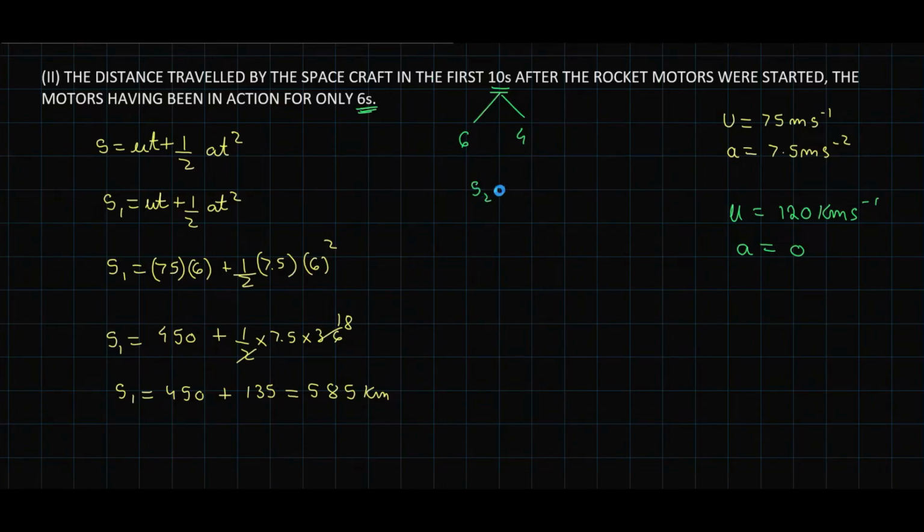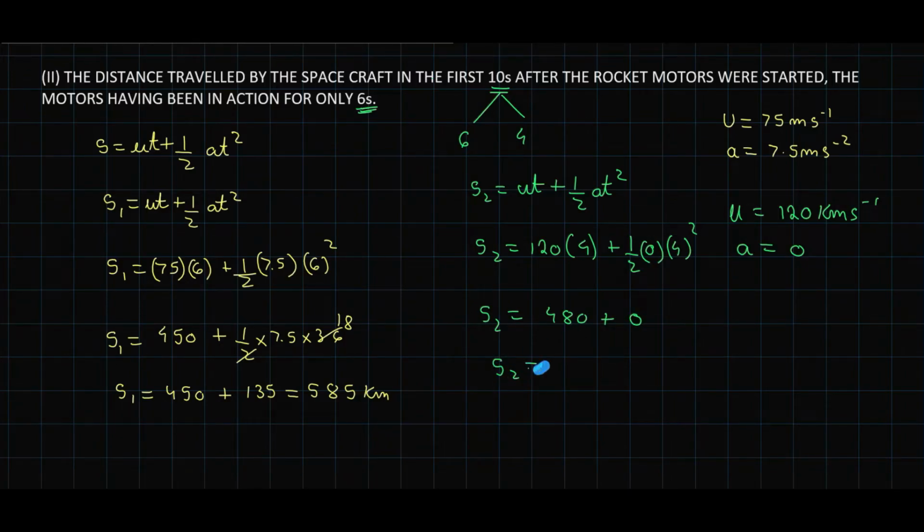Now it's really easy to find. S2 equals ut plus half at squared. S2 equals u, which is 120, times the time given to us, 4 seconds, plus half acceleration, which is 0, times t squared, which is 4 squared. So S2 would be 120 times 4, which gives us 480, plus 0 multiplied with anything gives us 0.